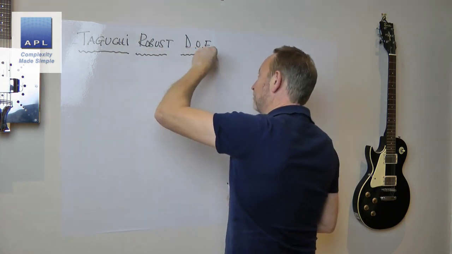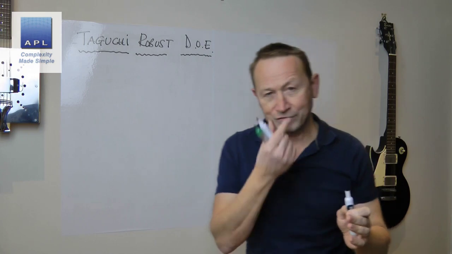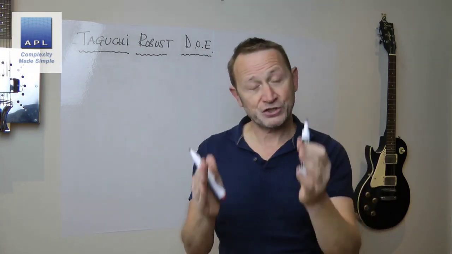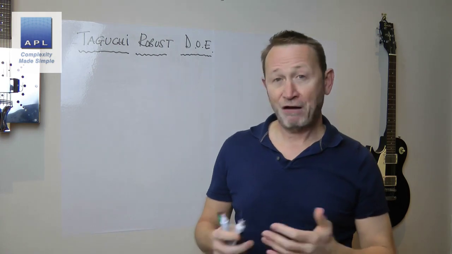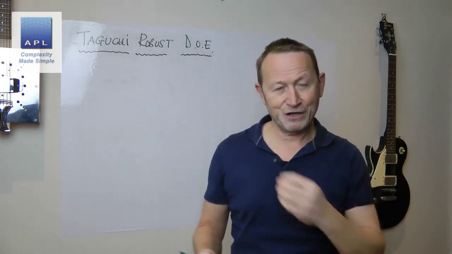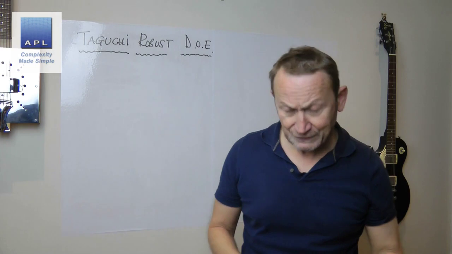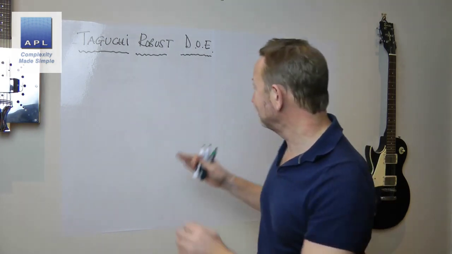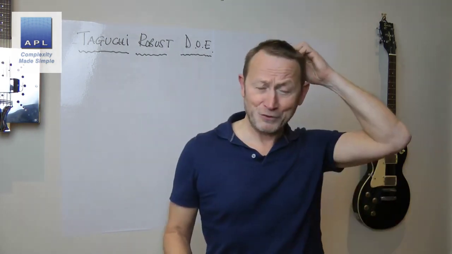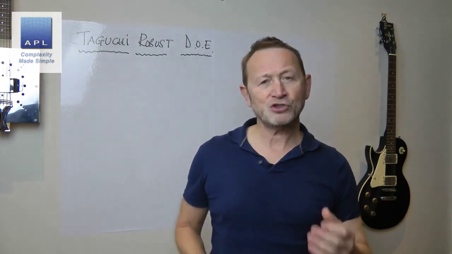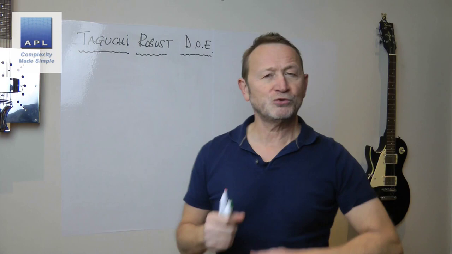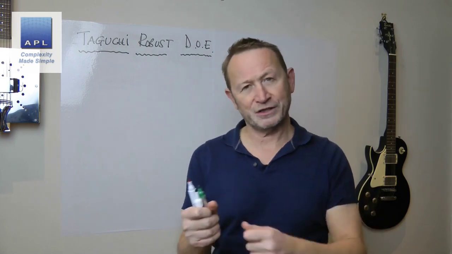Now, this is the result of a question that someone's asked me. I checked my video list on YouTube, and amazingly, I don't seem to have covered this before, which is quite startling to me. But anyway, I'm going to talk to you about how Taguchi used to set up a DOE so that he could find robust settings.